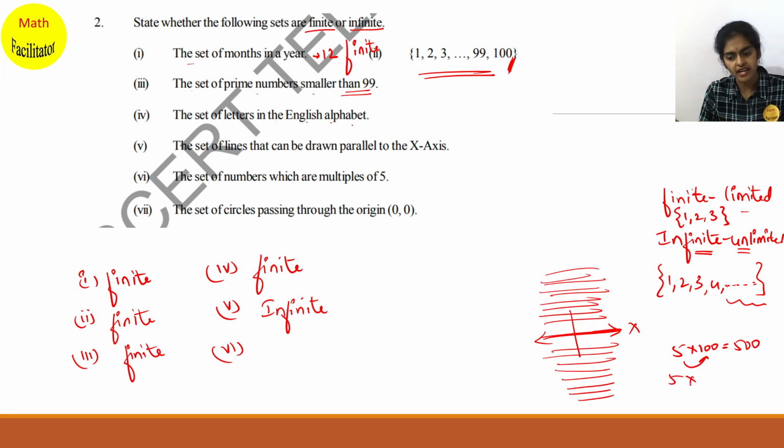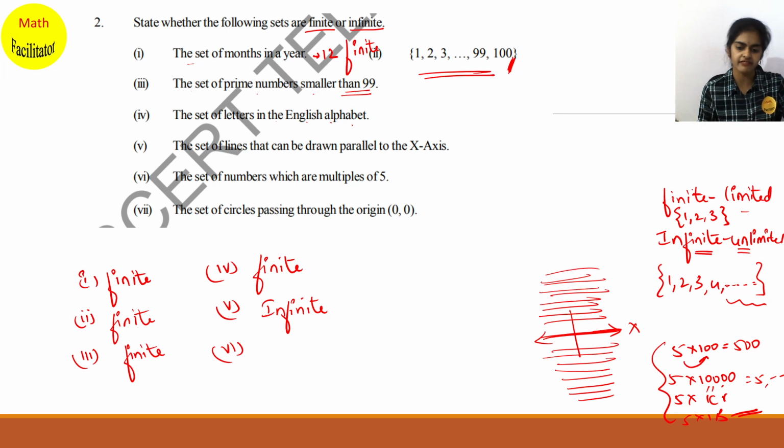I can find 5 into 1 lakh, 5 into 1 crore, 5 into 1 billion. That means multiples of 5 are unlimited. I can find 5 into any bigger number. So this multiple is unlimited, which means it is an infinite set.